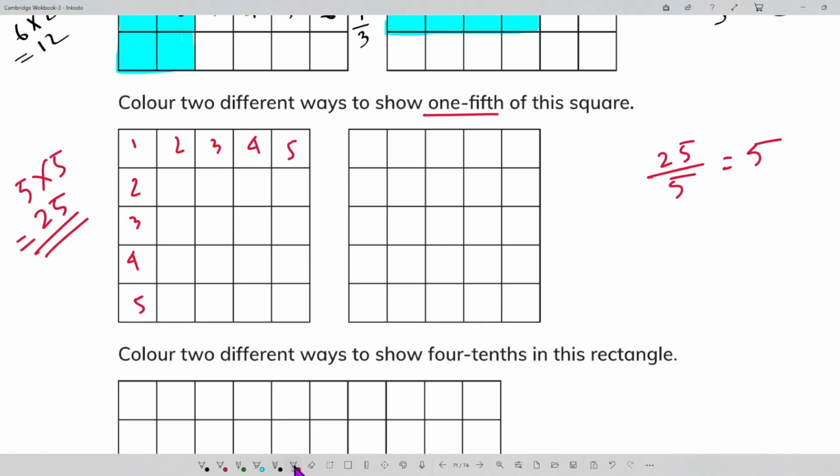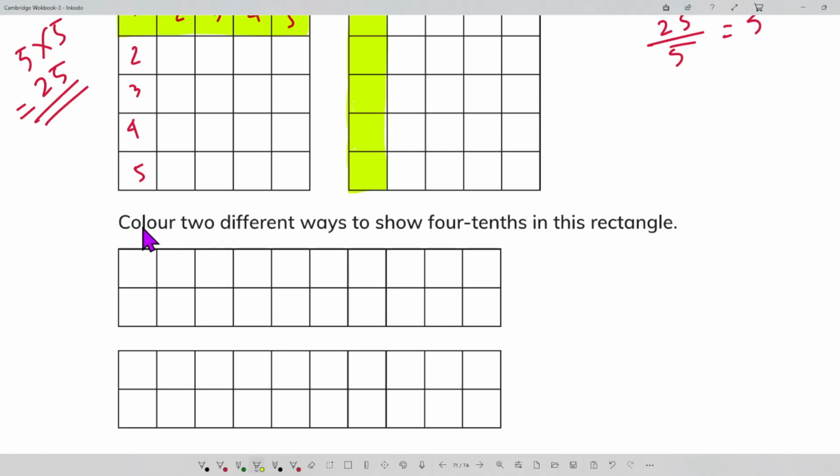So we will draw 5 squares. We have to draw two different ways. This is one way, and another one is this way. 5 squares colored and 20 squares not colored, it means 1/5. Okay, 1/5, very simple, done.